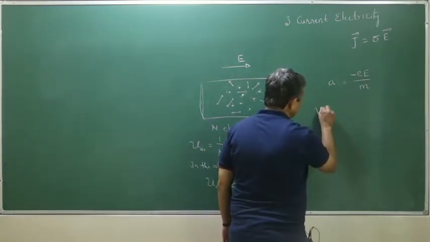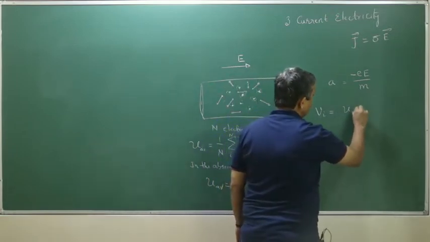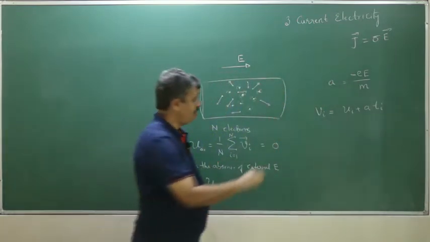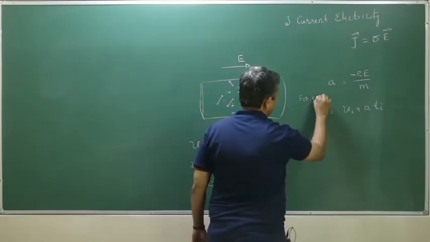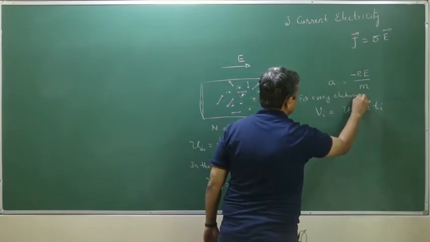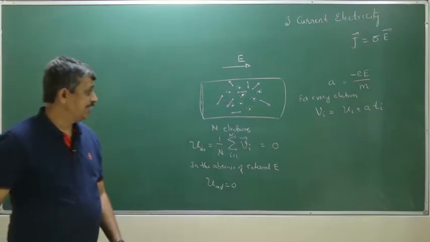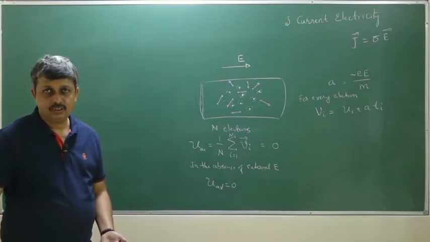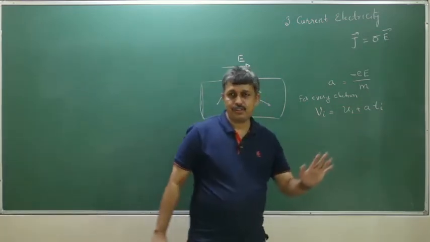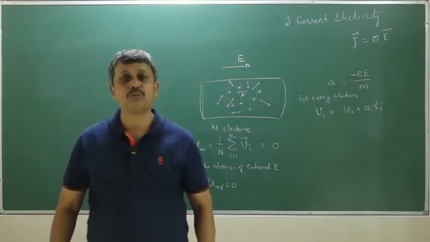So the velocity Vi at a later time will be equal to Ui plus a into Ti for every electron. I am simply using our normal kinematics, Vi equals Ui plus a Ti. Ti is the time elapsed after you applied E, or after the last collision, in both cases.